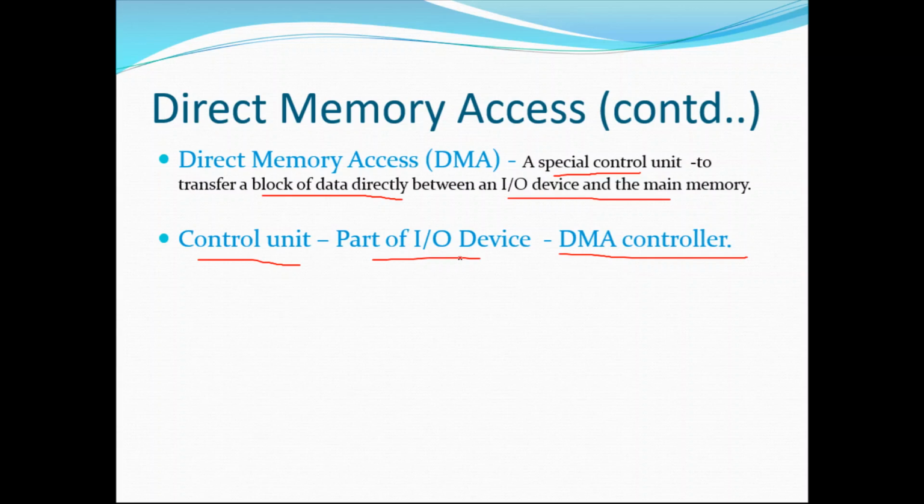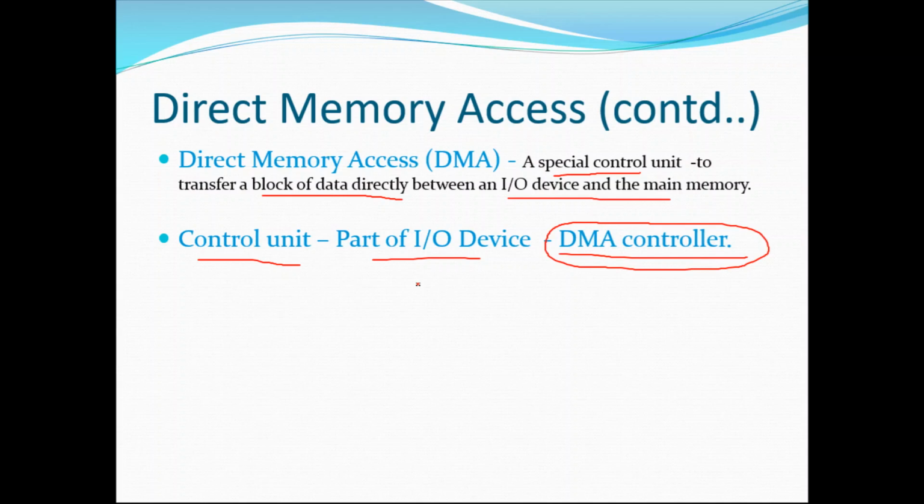So along with the IO device or IO module, there will be a special controller called the DMA controller, which can be used to directly transfer data between the IO device and main memory without the involvement of the processor.